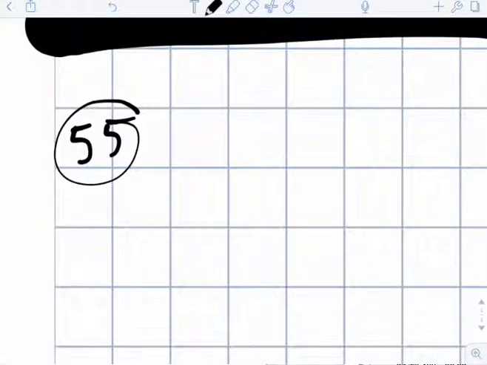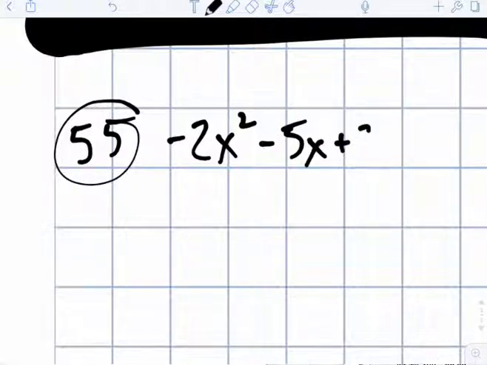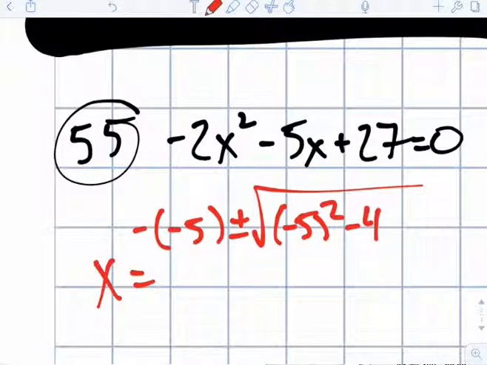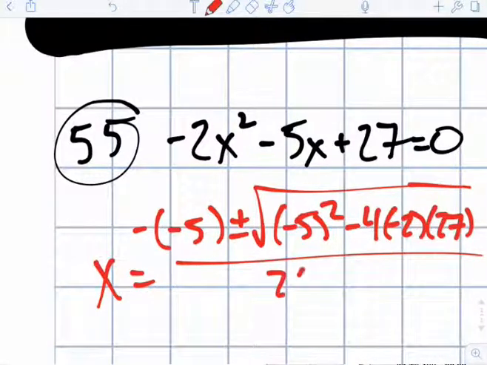55 is negative 2x squared minus 5x plus 27 is equal to 0. All right, so we'll use the quadratic formula on this one. x equals negative, negative 5 plus or minus the square root of negative 5 squared minus 4 times negative 2 times 27, all over 2 times negative 2.